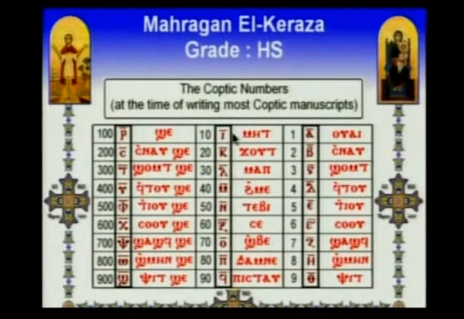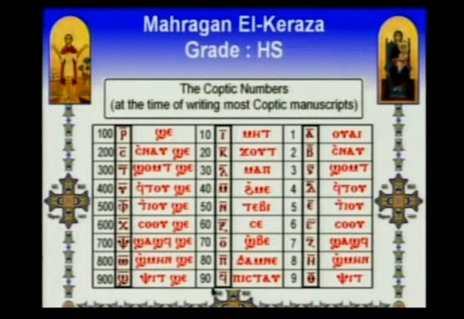So the first one is 10, the second one is 20, third one is 30, 40, 50, 60, 70, 80, 90, and 100. So if we want to say 11, you would take this 10, this letter here, and put it with the 1. If we want to say 19, this one with this one would be 19.